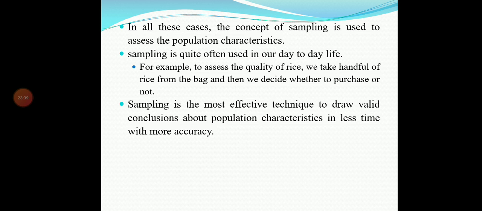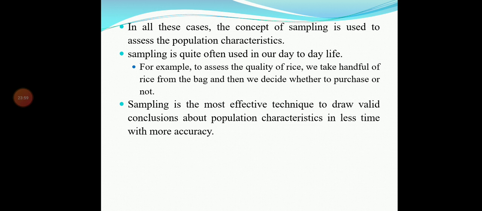We take a handful of rice from the bag, and then we decide whether to purchase it or not, right? Likewise, sampling is the most effective technique to draw valid conclusions in less time with more accuracy of results about the population characteristics.